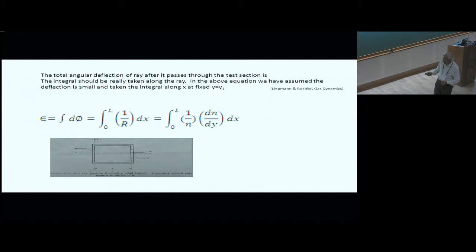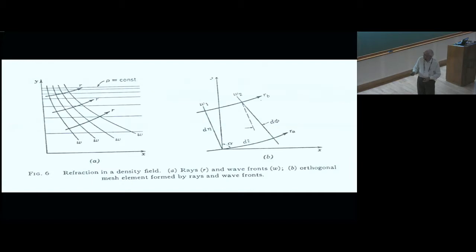And this Liepmann and Roshko, Elements of Gas Dynamics, is an excellent textbook which describes both Shadowgraph and Schlieren techniques very well. And essentially this is what happens if you have a density gradient, the rays refract, for example, towards the regions where you have higher density.